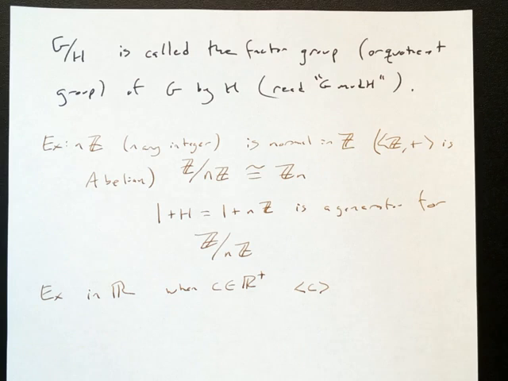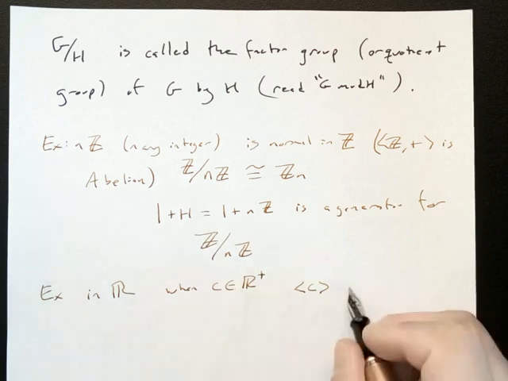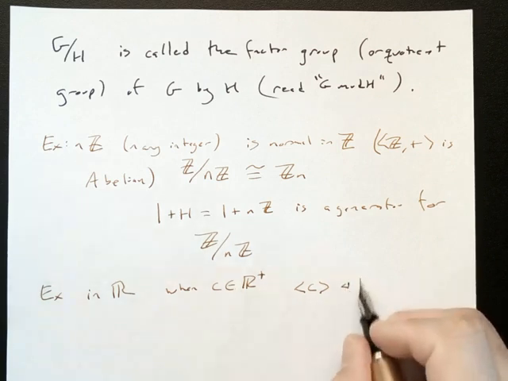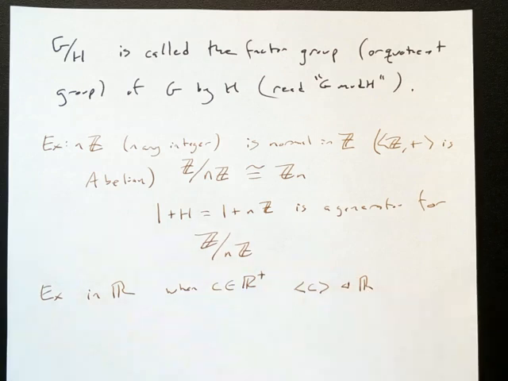Again, I'm going to use addition because I'm using the entire real line that includes 0. Can't use multiplication if I include 0. I've got to use addition. Under addition, the subgroup generated by C is all the multiples of C. 0, C, 2C, 3C, 4C to get closure, minus C, minus 2C, minus 3C, etc. to get inverses. But since I'm using addition, this is normal in the real numbers.